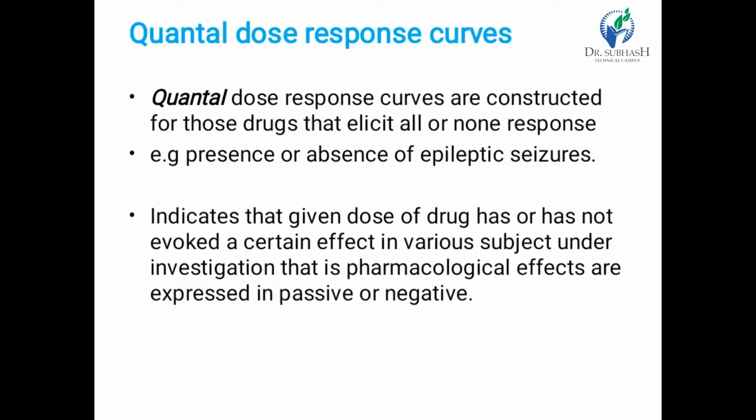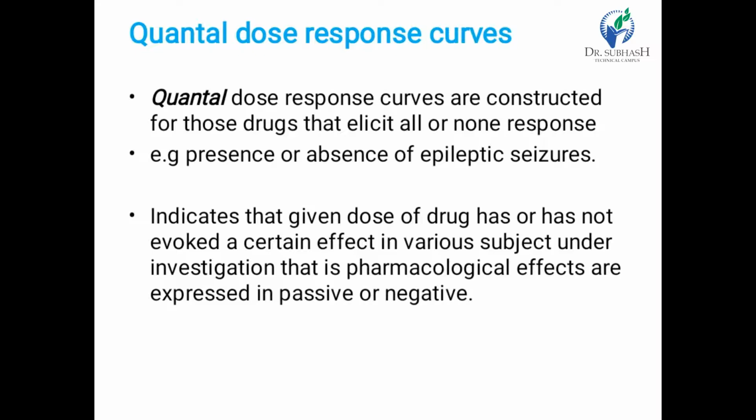Quantal dose response curves are constructed for those drugs that elicit an all or none response. So quantal response is an all or none response, for example, presence or absence of epileptic seizures.